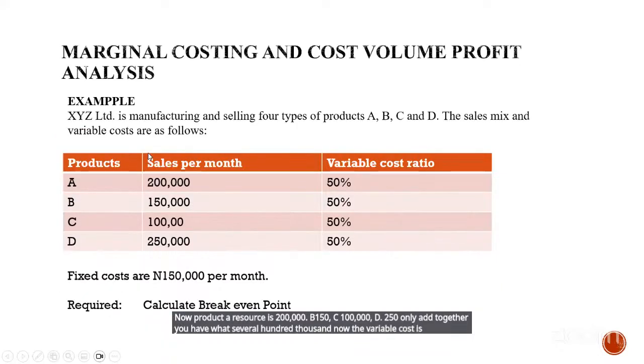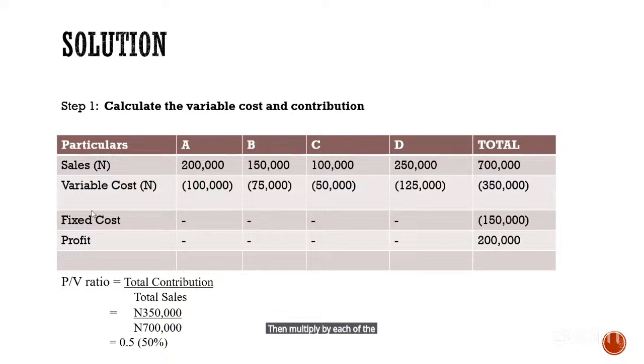Now, the variable cost. We're told that the variable cost ratio is 50%. That is 50 over 100. Then multiply by each of the sales per month. For product A, 50 over 100 multiplied by the sales of 200,000.